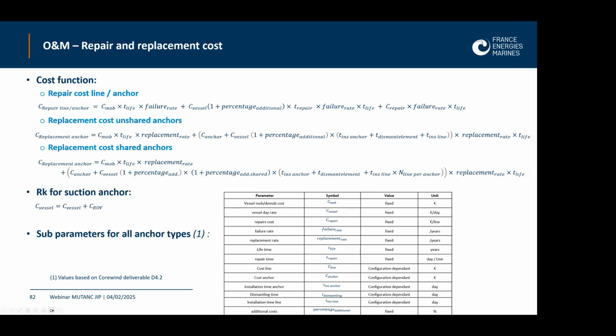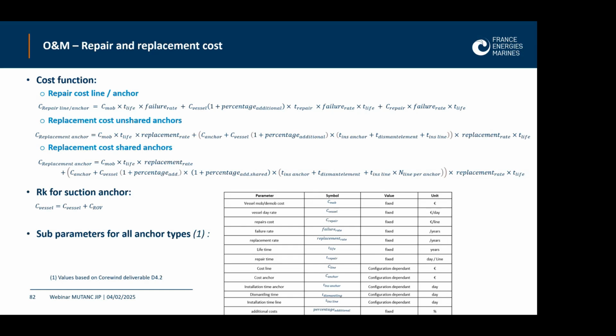So for the repair and replacement cost, I will go first through the repair cost of the line and anchor. It will be the same formulation for line and anchors. First there will be the mobilization of the vessel that should be done each time.